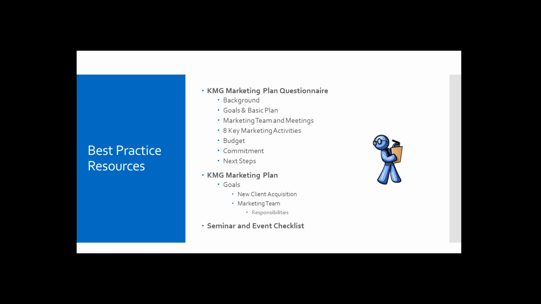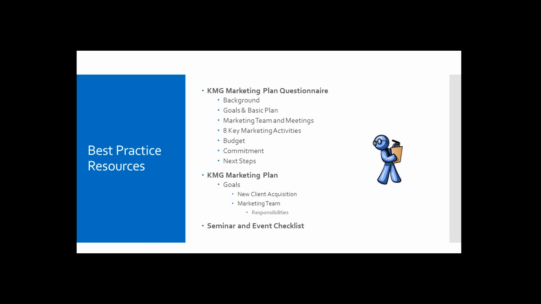The marketing plan questionnaire has a few sections. It does ask for background, goals, and basic plan. Your marketing team and meetings, so what your practice should have. The 8 key marketing activities, and we have questions based around all of those activities.